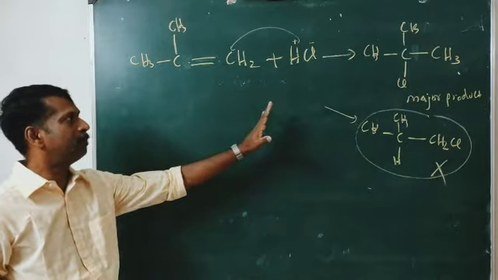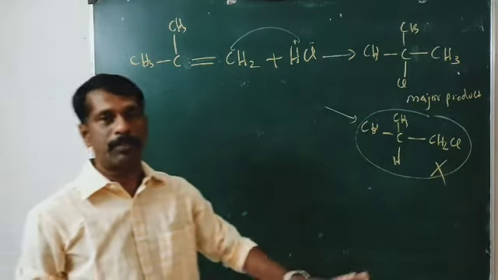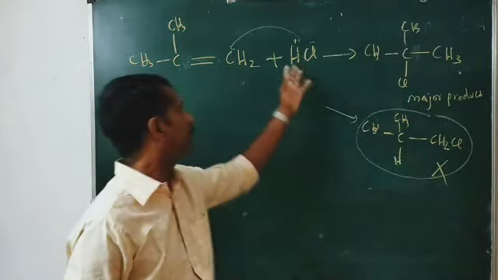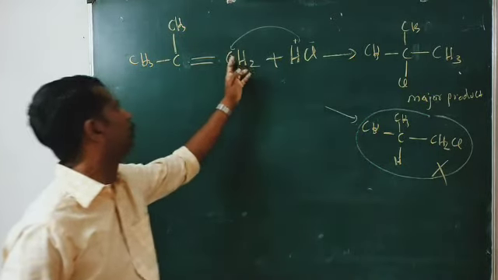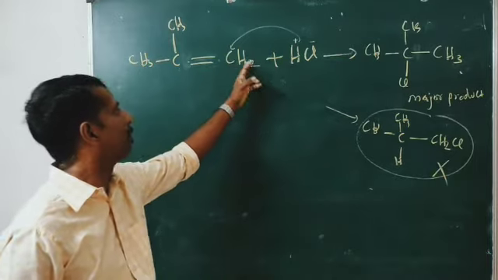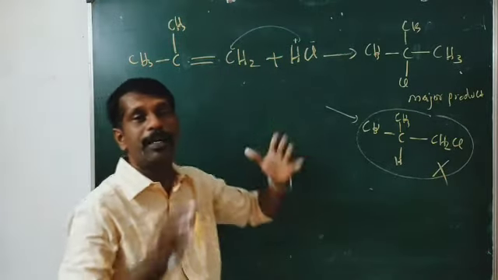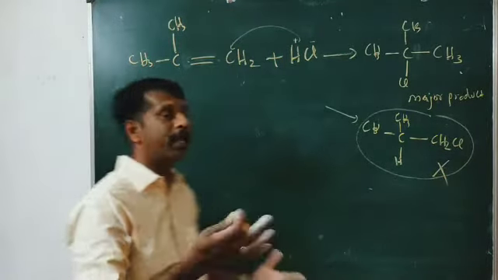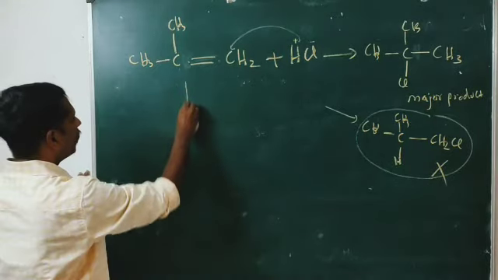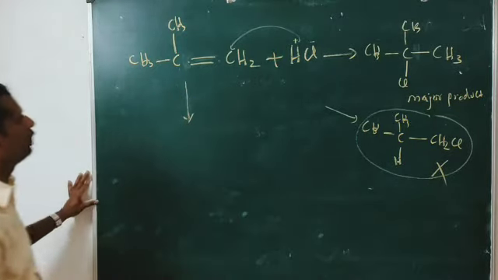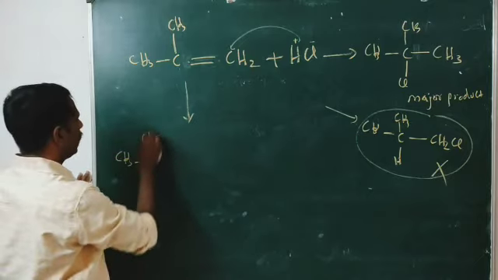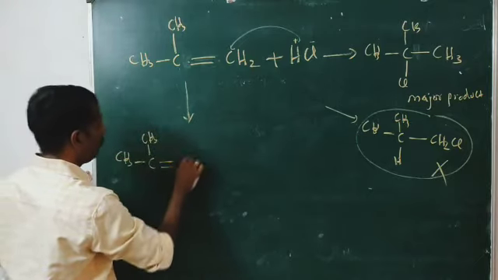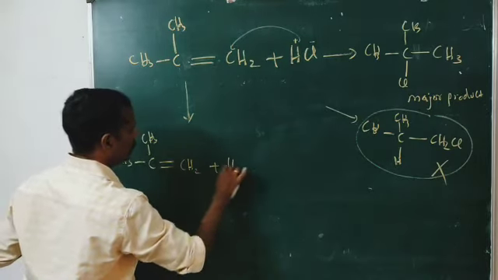What is the driving force? Why is this reaction happening like this? Why is the positive part always going to that double bonded carbon which is having the highest number of hydrogen atoms? Look at the mechanism of the reaction: CH3 CH double bond CH2 plus HCl.